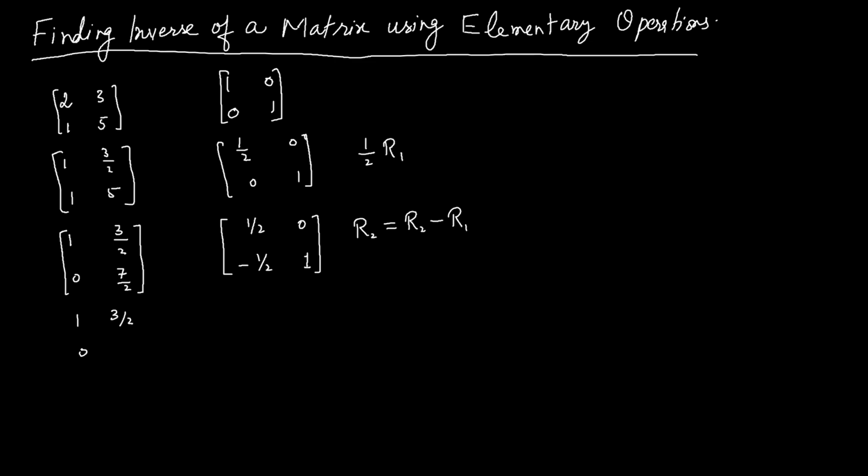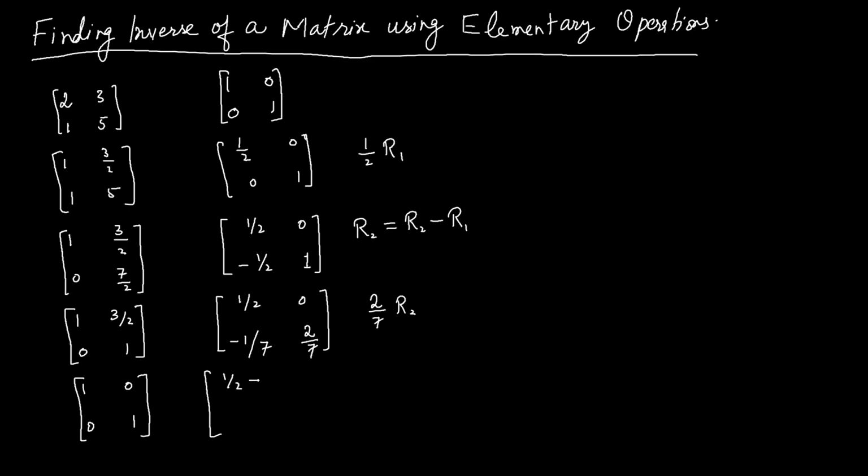We just perform the same elementary operation on the second matrix as well. Third elementary operation, multiply second row with 2 by 7 so that the second element of the second row becomes 1. Now we subtract 3 by 2 times the second row from the first row, R1 equals R1 minus 3 by 2 R2.